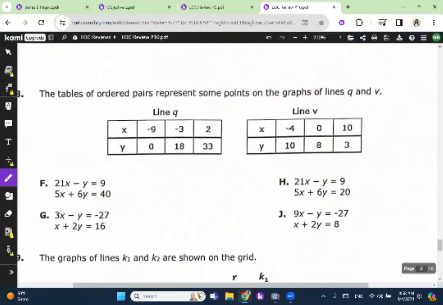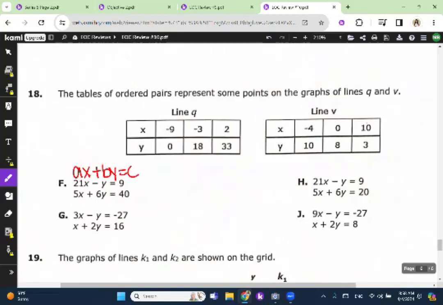Because they're all in standard form. So we're going to use matrix on the answer choices and stat edit on the lines.